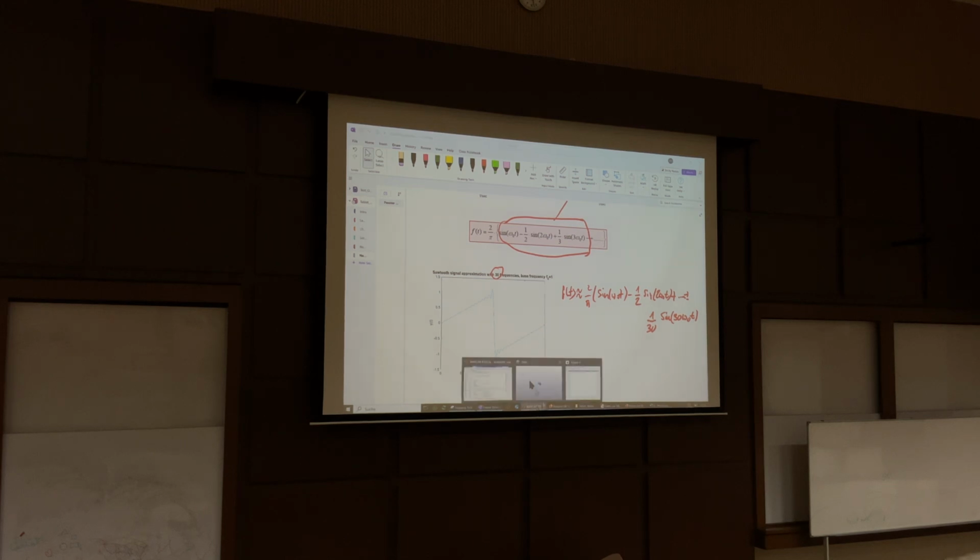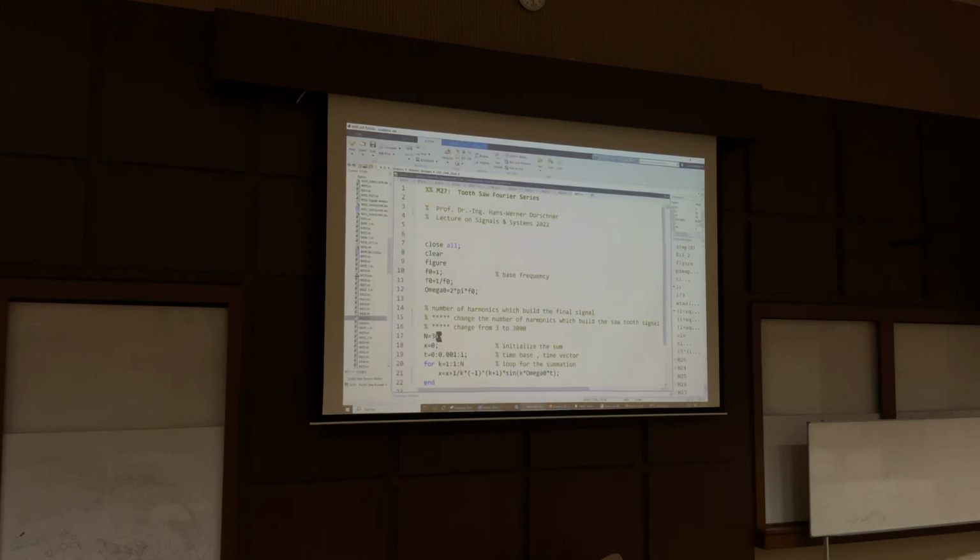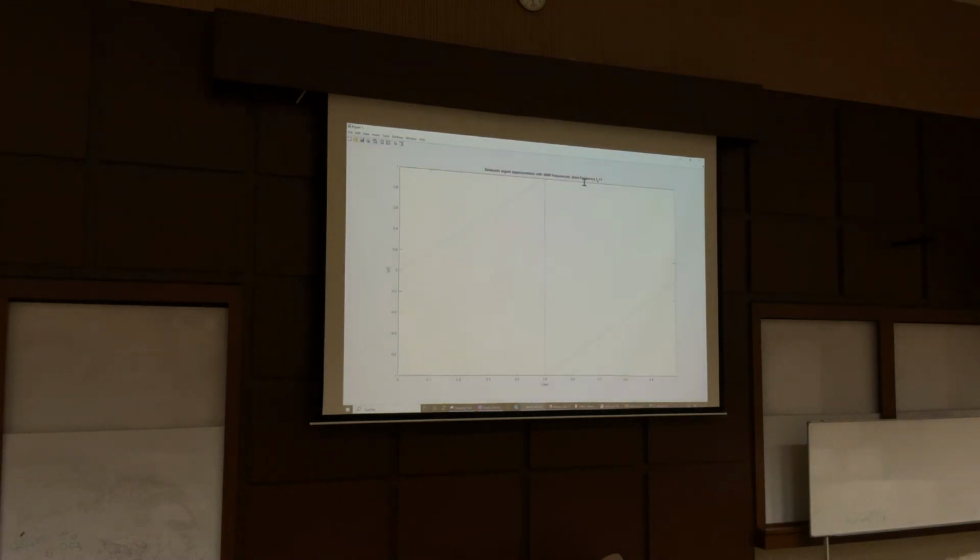And if I increase this to, let's say, 3,000 or 2,000 or 5,000, whatever you want, just a big number. I saw here 3,000 is fair enough. And then you see here, if we zoom in, it's not a completely rectangular pulse here, but it's fair enough. You see, there's still some rounding. But if you look at the total picture, you find it's a perfect sawtooth shape of a signal.